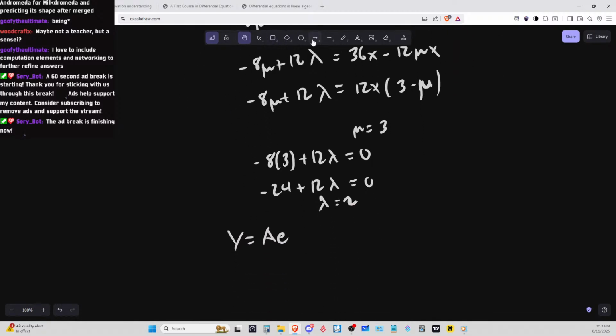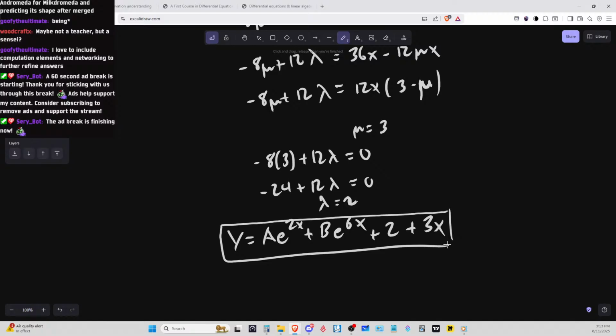I could have just copied that and pasted it down here, but I'll just scroll up. I'll make the effort. Okay, plus 2, which is lambda, and then plus mu 3, which is x, 3x. And I believe that is the solution. So I'm going to check my solution sheet, see if that is correct. And yes, we got that correct.